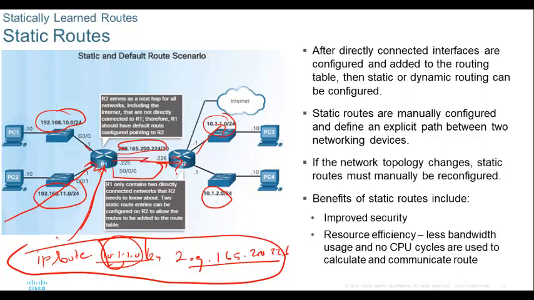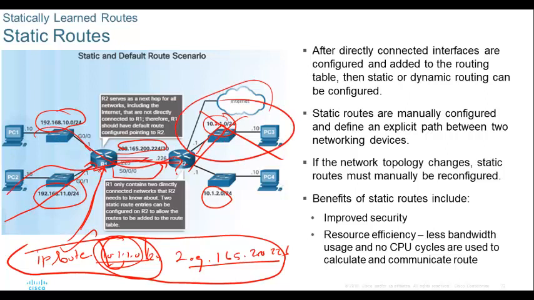But what is the drawback? If this goes down, will this line be removed? No. R1 will still have this route. So R1 will keep on forwarding the packet thinking that this network still exists. It won't get removed.